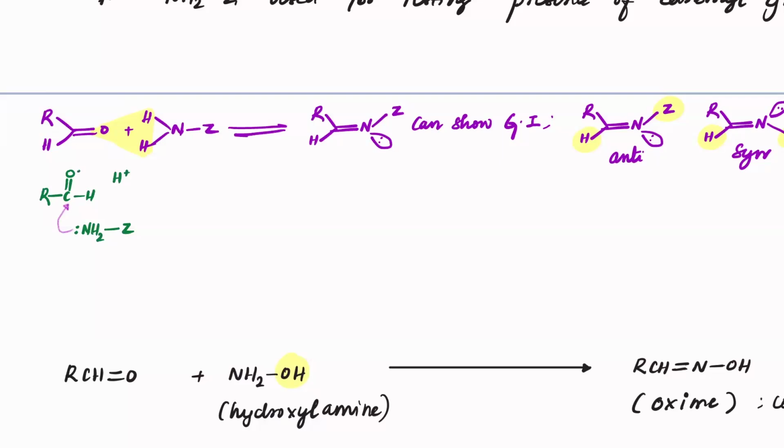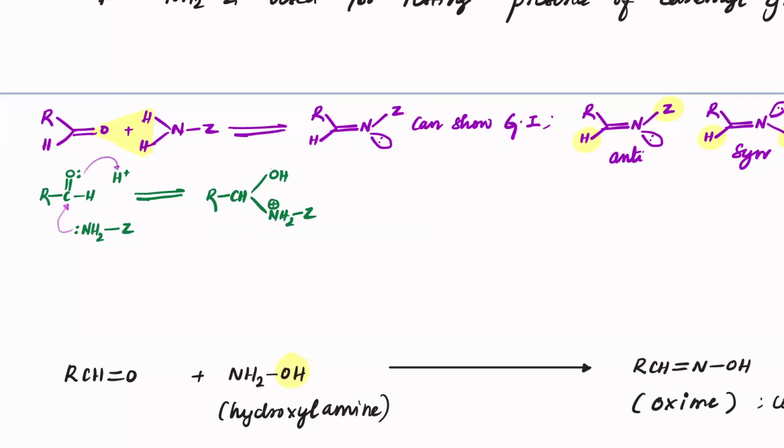Because of that acidic medium, the carbonyl takes this H plus and gets into an addition mode. You will get an addition reaction where you will get CH, OH, and NH2Z with plus charge.